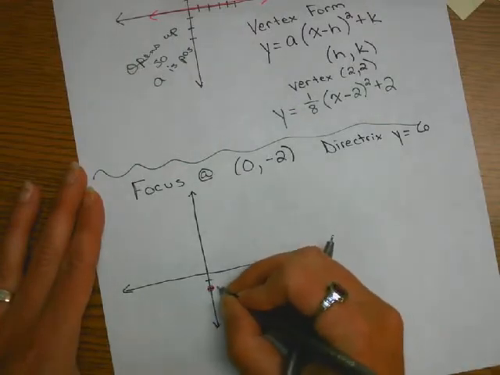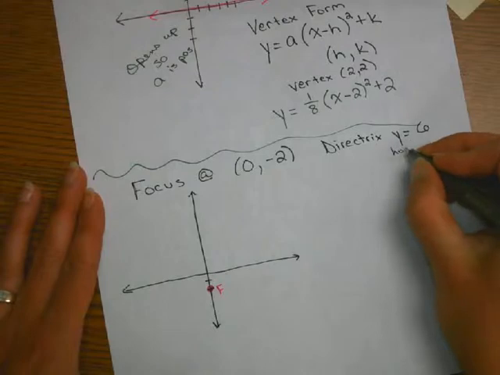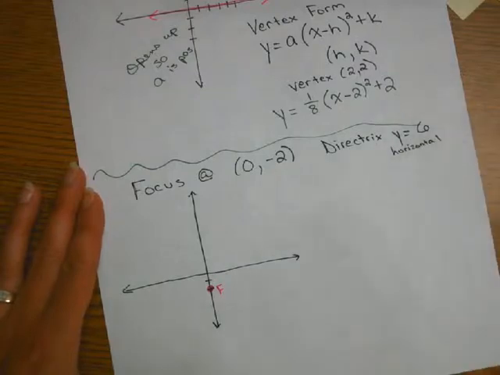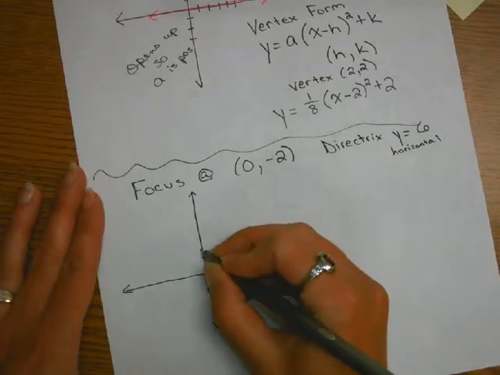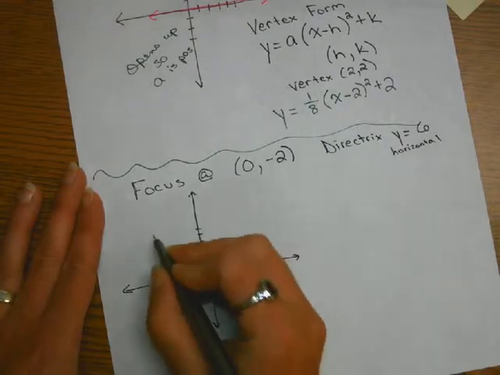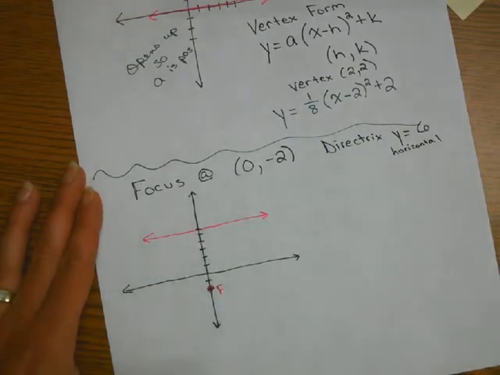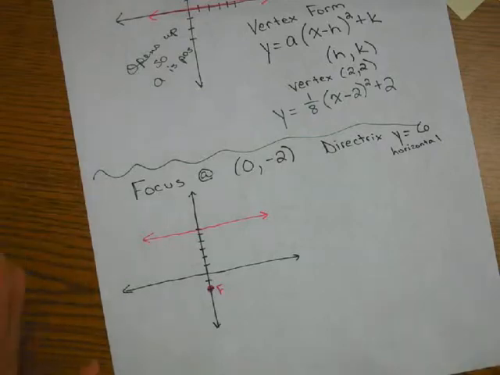That's my focus. Directrix is the line y equals 6. Y equals is a horizontal line. Remember, it's a constant. 1, 2, 3, 4, 5, 6. And the directrix is a horizontal line. So we have our focus and we have our directrix.